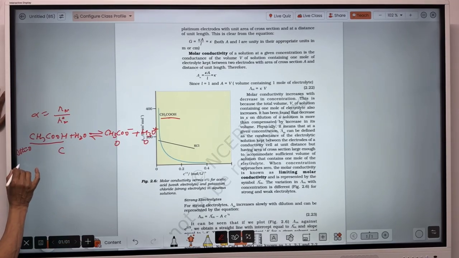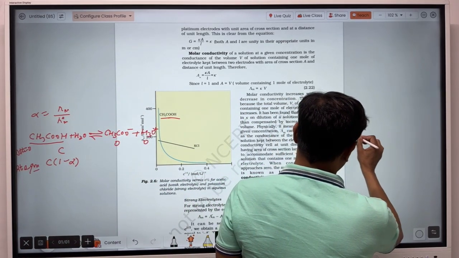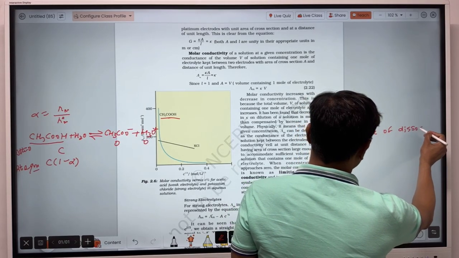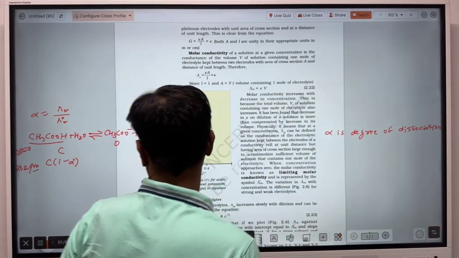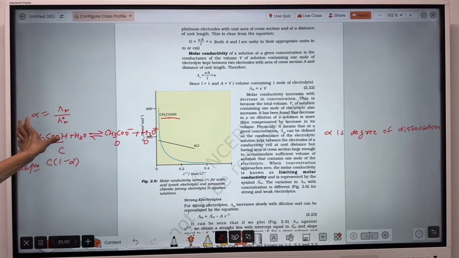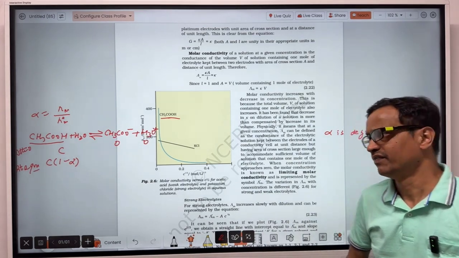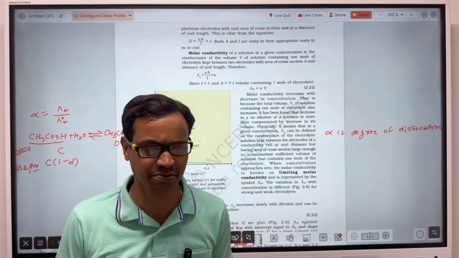When equilibrium is attained, the concentration will be C into 1 minus alpha. How is that? Let's see. Alpha here is the degree of dissociation. Degree of dissociation means: when the concentration of any acid, base or electrolyte is 1 molar, how much electrolyte will dissociate?